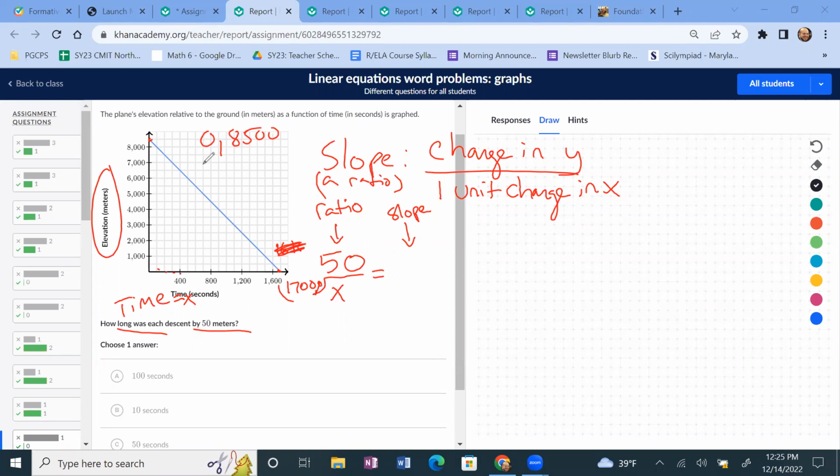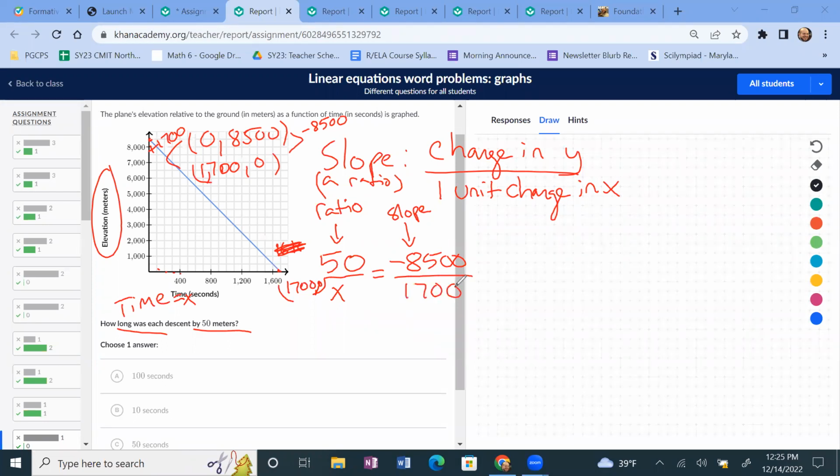So I have 1,700, 0 for my x-intercept. Now I have my y-intercept. So what's the change in y? It is subtracting 8,500. What's the change in x? We are adding 1,700. So slope is negative 8,500 over 1,700.